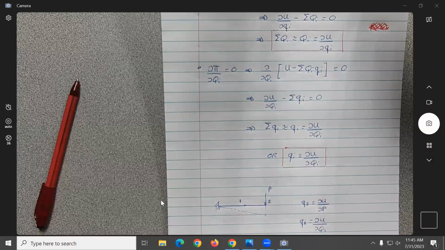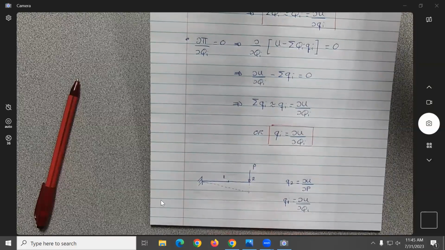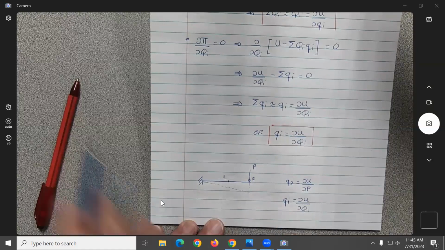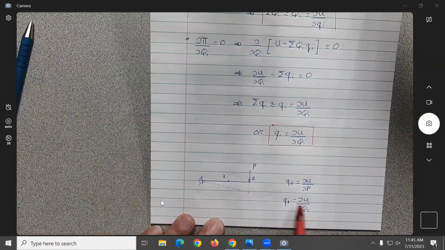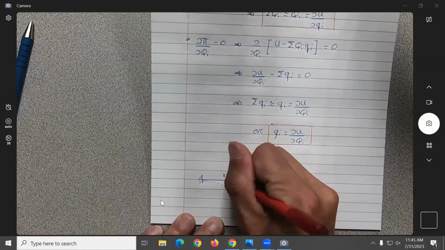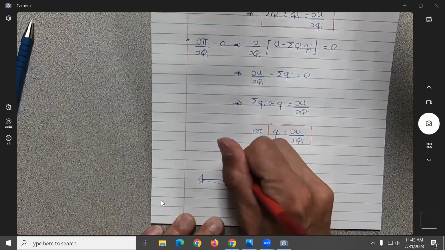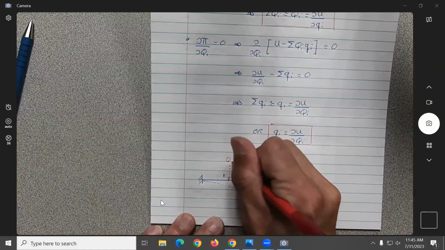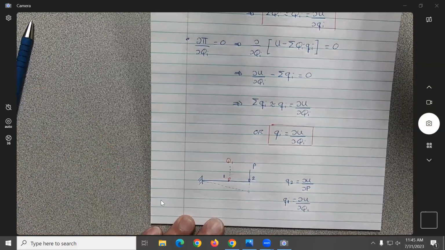So how can we do that? That's right. So you see, there is no force. This would be the real point. So if I ask you to find the deformation at this point, you're going to have to assume a virtual force being applied at that point. And you will do the other calculations, and then you will set that force equal to 0.